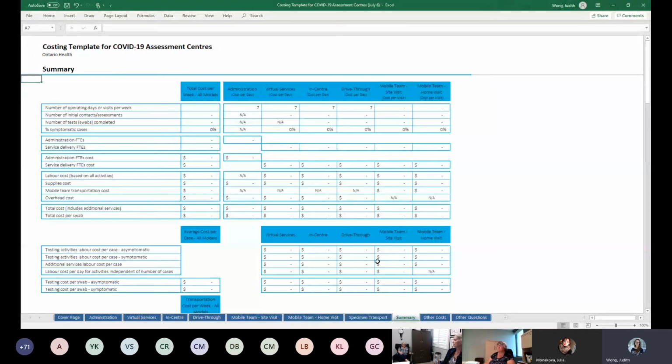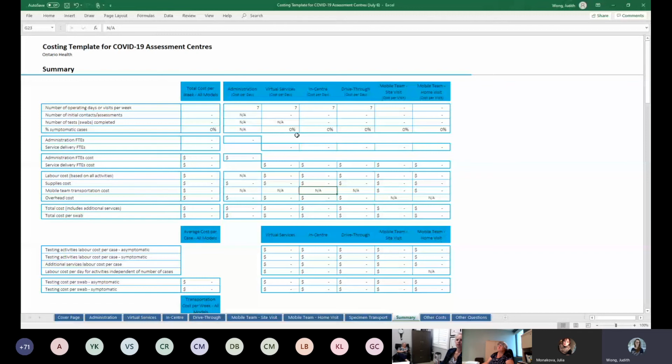Okay, finally, well, not quite finally, but almost finally, the summary tab is for your information and for our information. There's no additional data entry here, but this will allow you to see how all the data that you've entered on the previous tabs is rolling up into a few different cost metrics.